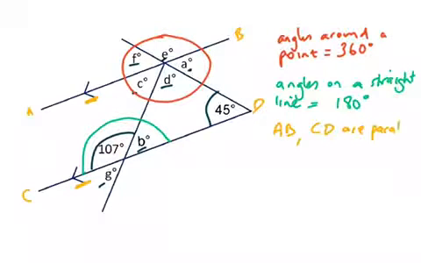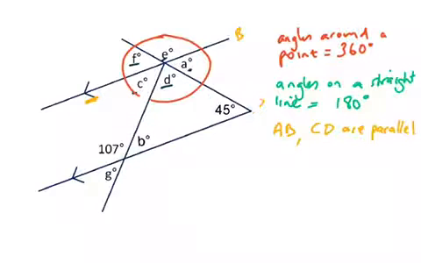That's what those two arrows mean. Now I'm just going to rub off all the markings that I've made so far, and then we'll have a go at working out some of these angles.